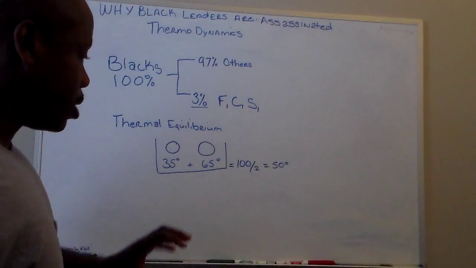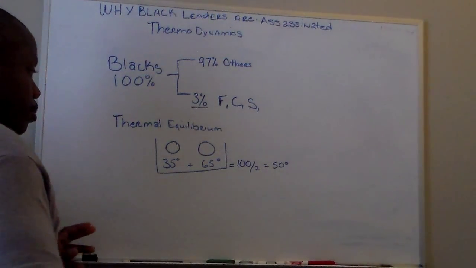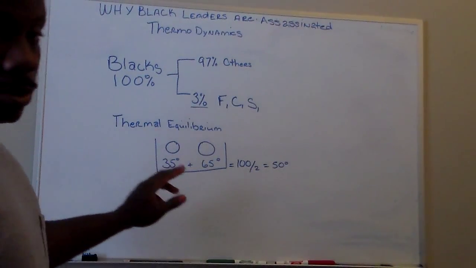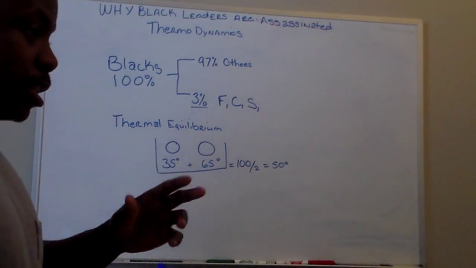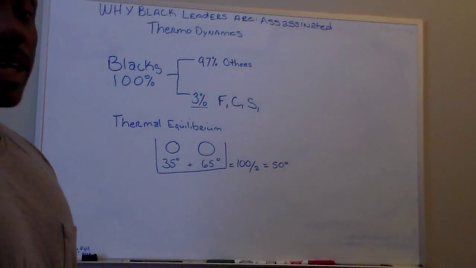Now these are inanimate objects, so the way that they share information is going to be pretty basic. But this also applies to humans. Instead of just doing work, humans can also share energy through information or knowledge.